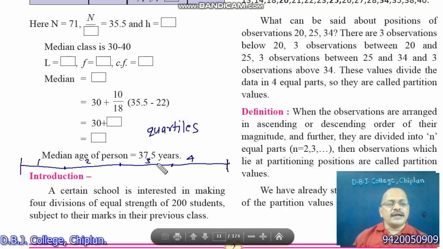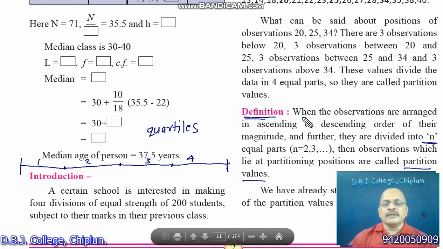If we divide the data into n equal parts, let us see the definition. Each point or each observation which divides the data into parts is called a partition value.